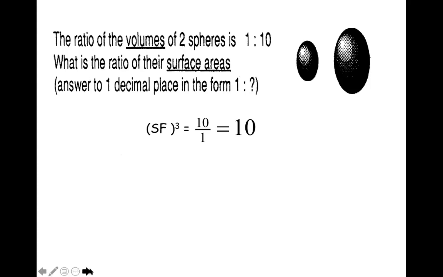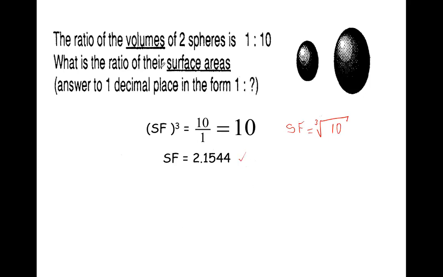Now, if you were to look for the linear scaling factor first before doing the surface area, you would say to yourself that the scaling factor is the cube root. So if SF cubed equals 10, then SF is the cube root of 10. And if you plug that in your calculator, you will find 2.1544.